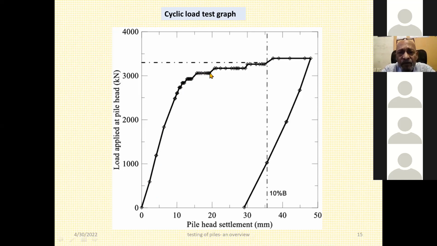And then it becomes constant for 30 minutes. Then we start unloading.